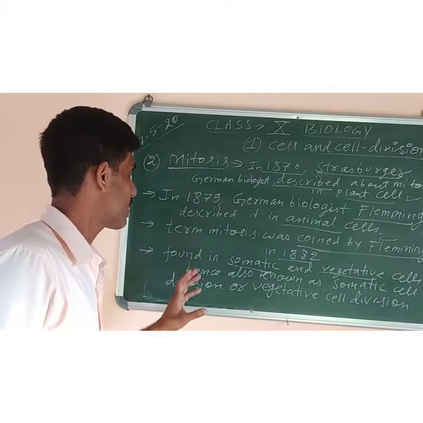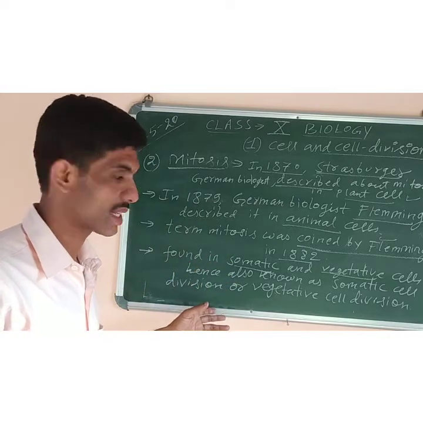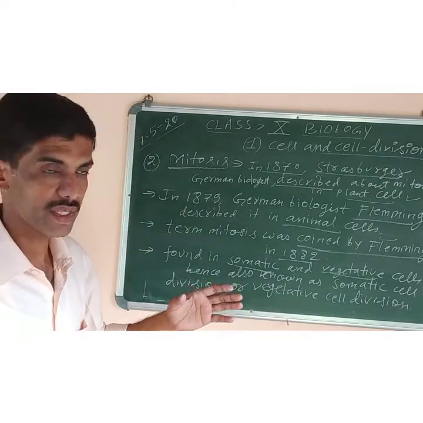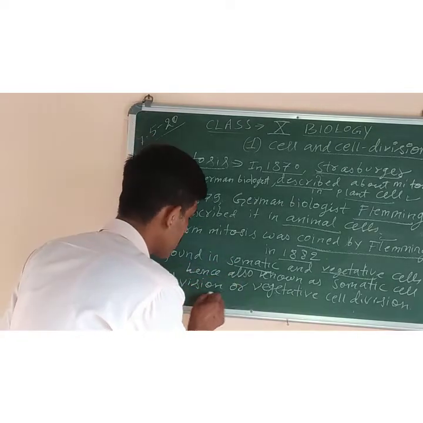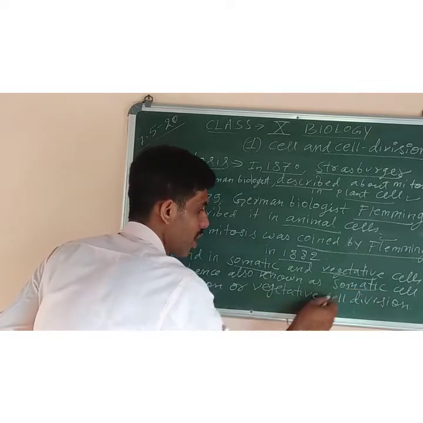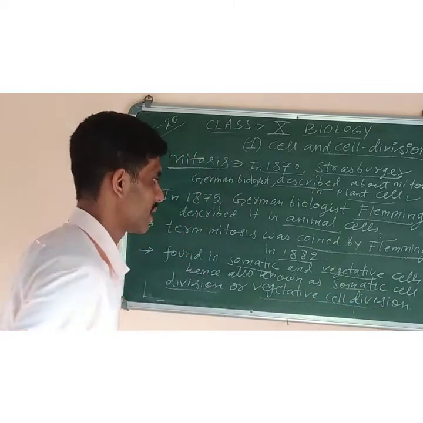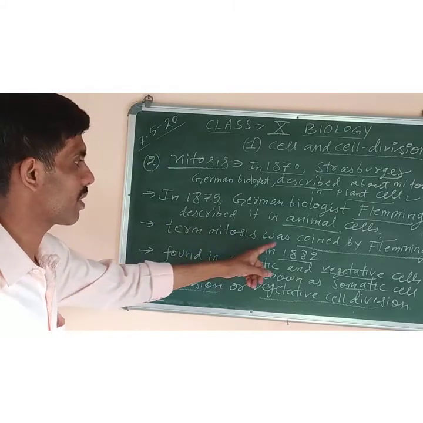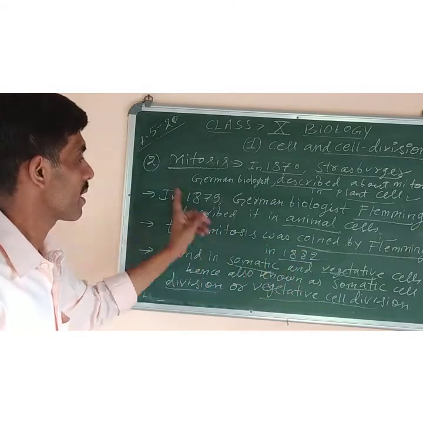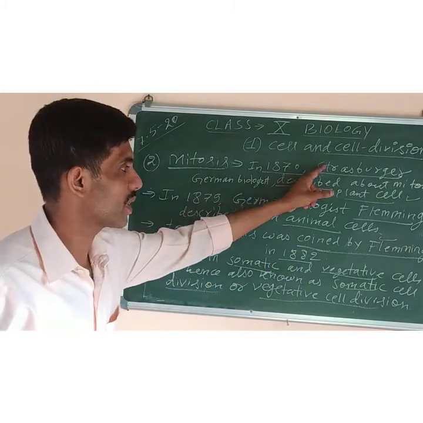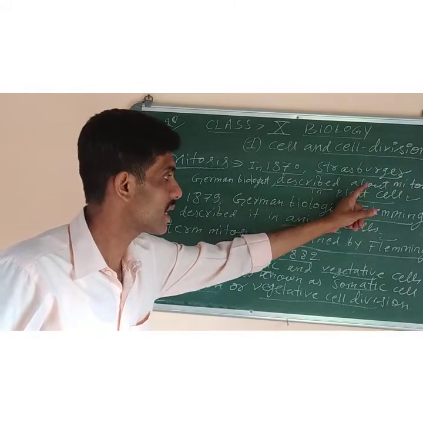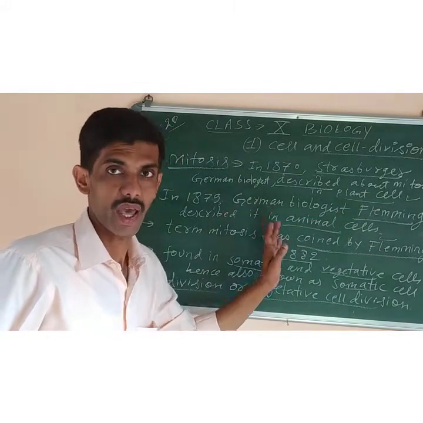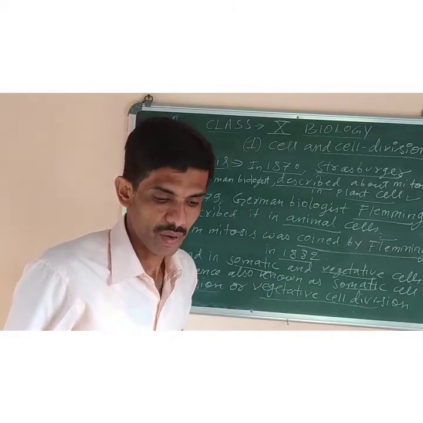So in the cells of vegetative parts or somatic body cells, this type of division will take place, and that's why the name is called somatic cell division or also known as vegetative cell division. Who gave this term? The term was given by Fleming in 1882. Who described about it? Strasburger and Fleming in plant cells and animal cells respectively. And both of them were German biologists.